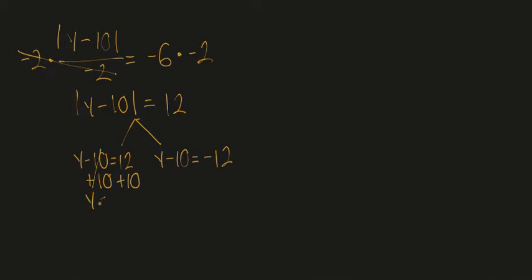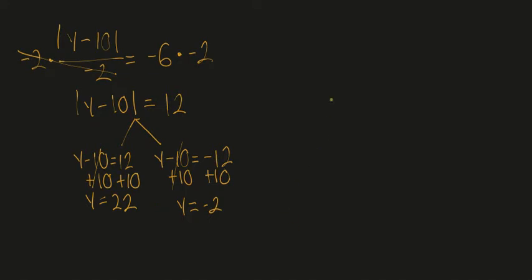Here we're going to have y equals 12 plus 10, which is 22. With the equation on the right, we're going to add 10 as well, and we're going to get that y equals -12 plus 10, which is -2. And these are our two solutions for this equation.